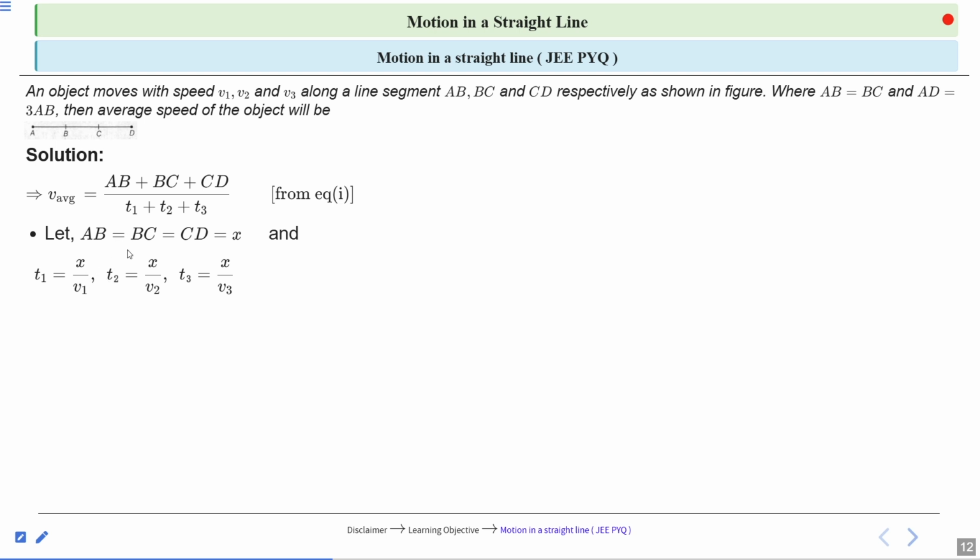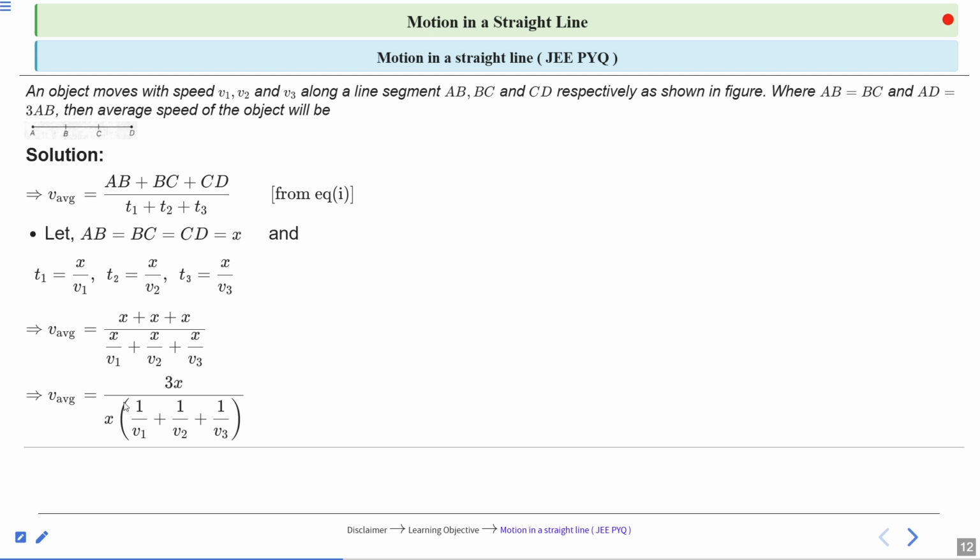Similarly, T2 is equal to x divided by v2 and T3 equal to x divided by v3. Clear? So average speed is x plus x plus x divided by x divided by v1 plus x divided by v2 plus x divided by v3, from the formula of average speed.